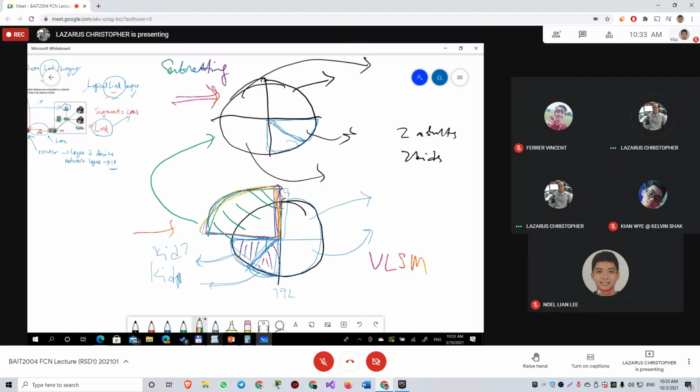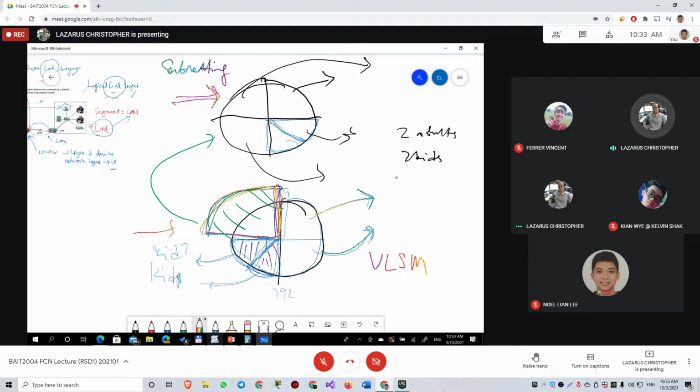We can, but always remember you cannot subnet what's already allocated. Like here, I already allocated this, so this address is used up. So I cannot touch this anymore. So I have to keep on going to the part of the range of addresses that's not used up yet.